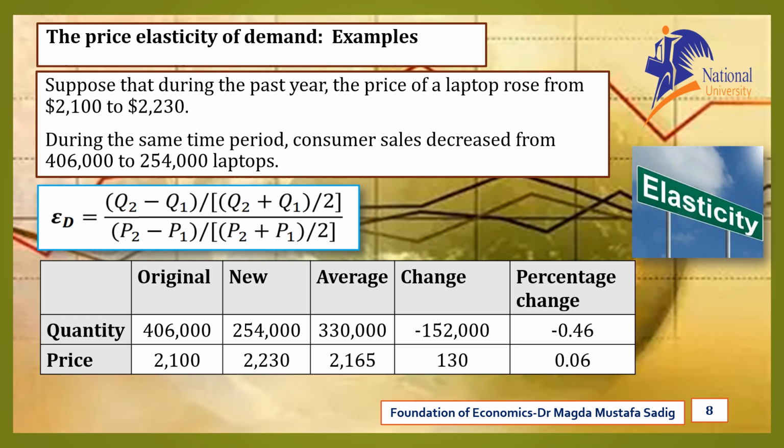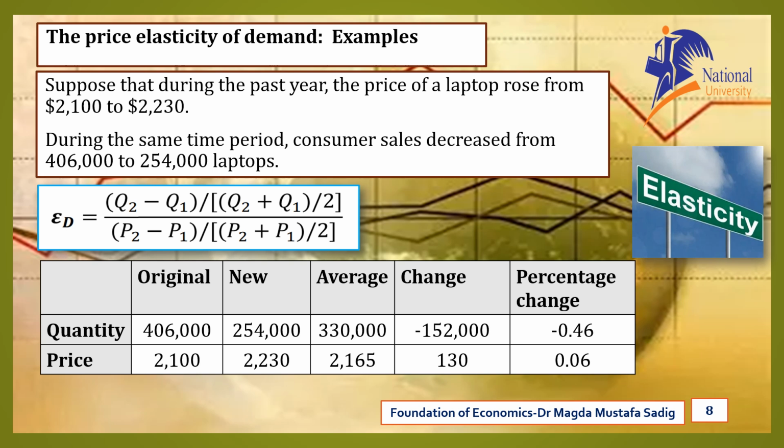So we have the change is minus 152,000 divided by 330, and then we have 130 divided by 2,165.